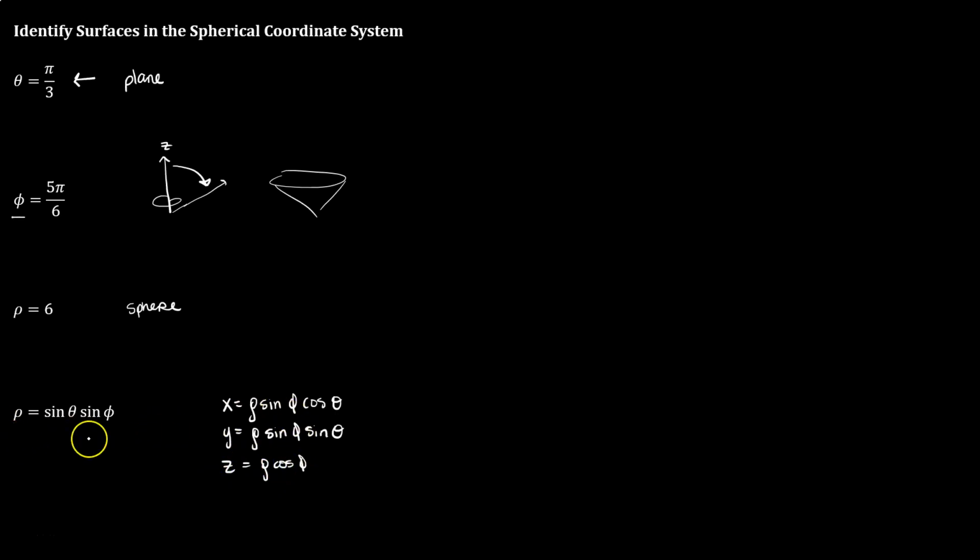So looking at the rho that we have, it looks quite a bit like the equation for y, but the right side is missing rho. So we will fix that. I'm going to take the rho equals sine theta sine phi, and I'm going to multiply it by rho on both sides.